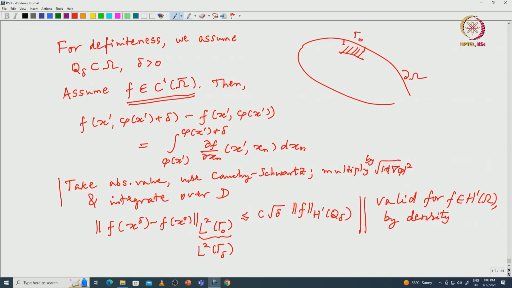So, you can take a sequence in C1 omega bar converging to f, and then you pass to the limit. Okay. So, this is what I was referring to.